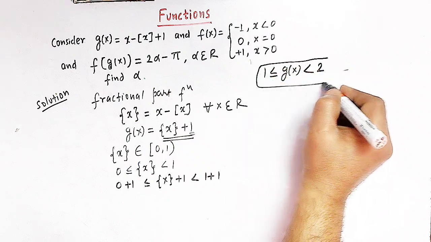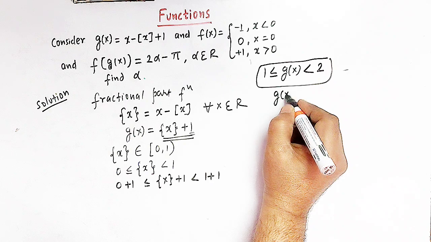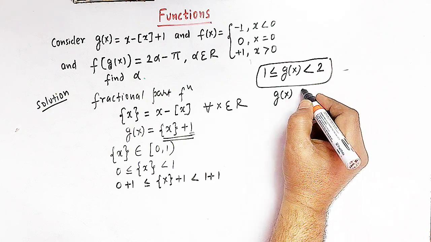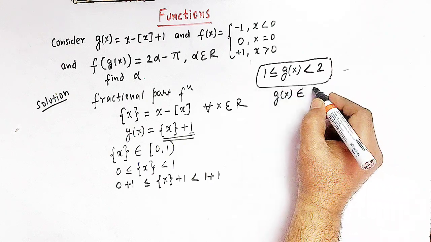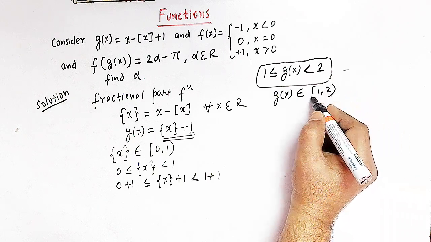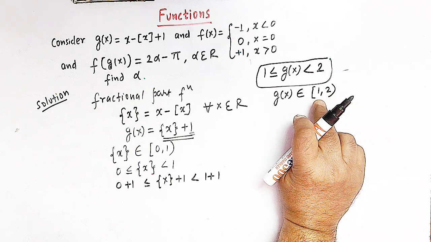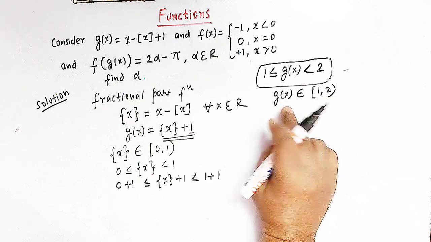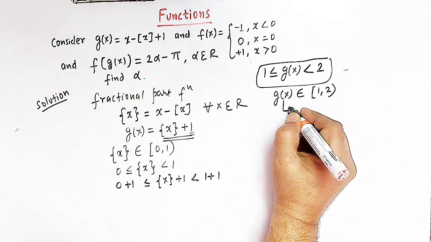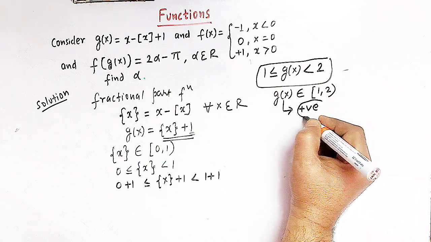From this inequality, we can easily conclude that g of x belongs to the interval 1 to 2, where 1 is included. And from this interval, we can conclude that g of x should be a positive number.